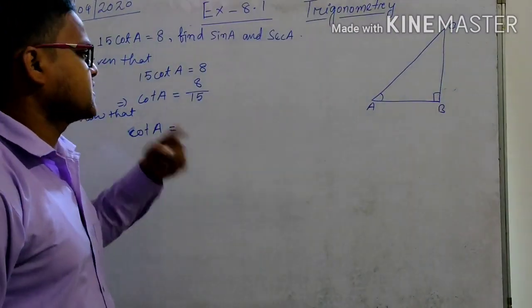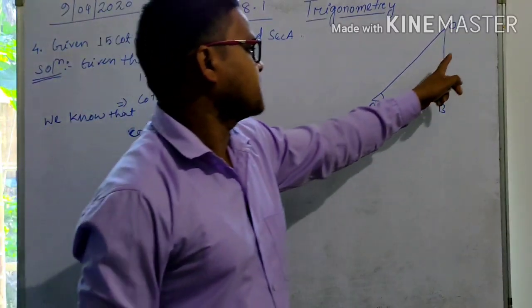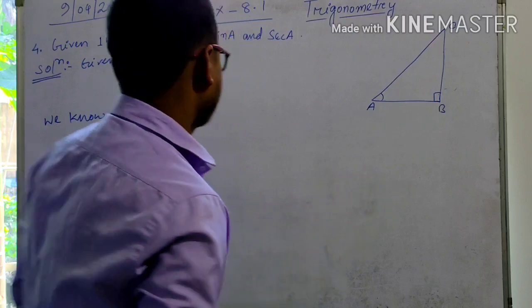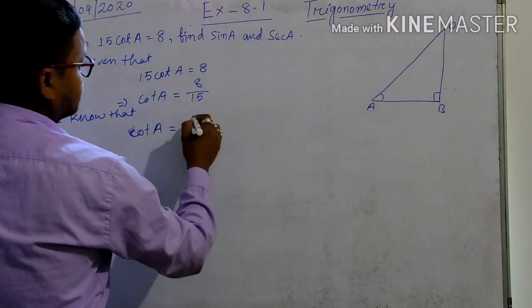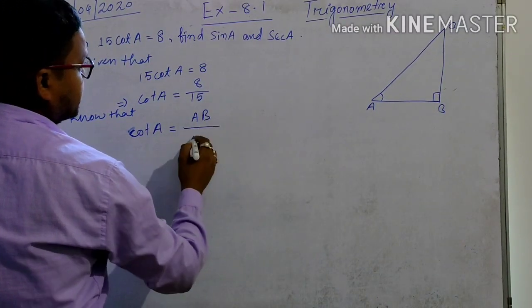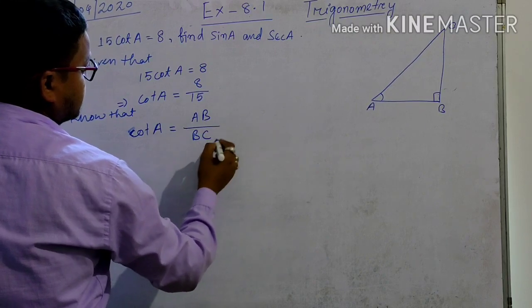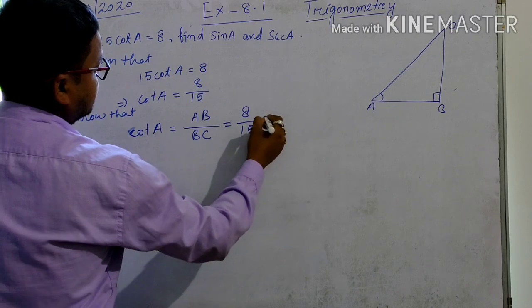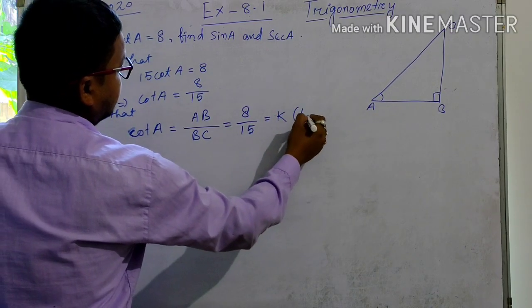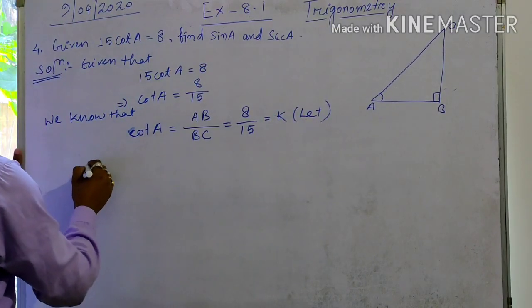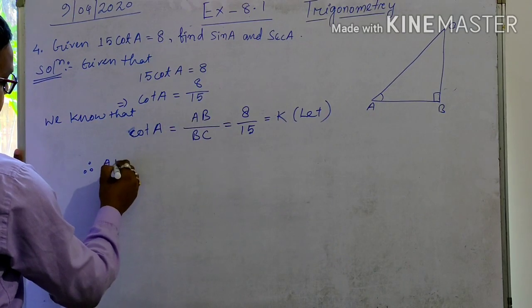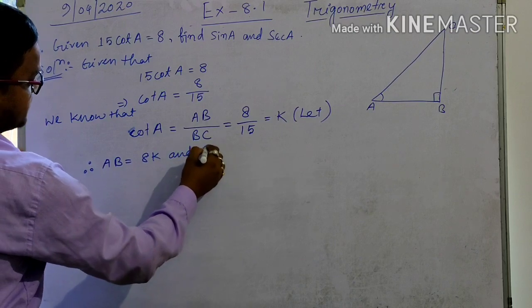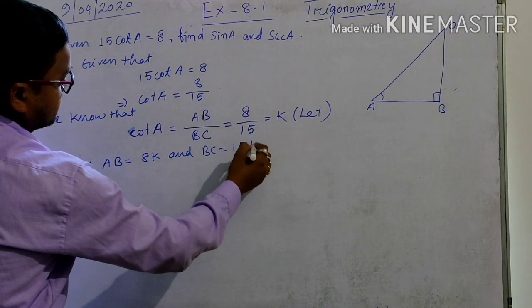Cot is the reciprocal of tan, so cot is base by perpendicular, which is AB by BC. This is equal to 8 by 15. Let this be K. So finally AB equals 8K and BC equals 15K.